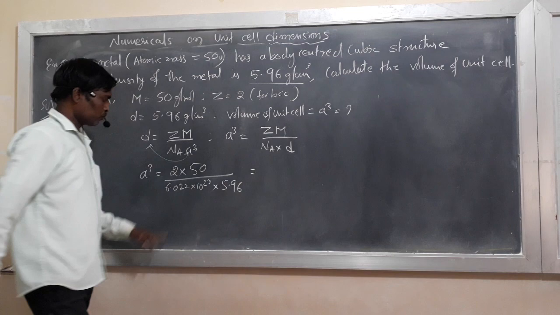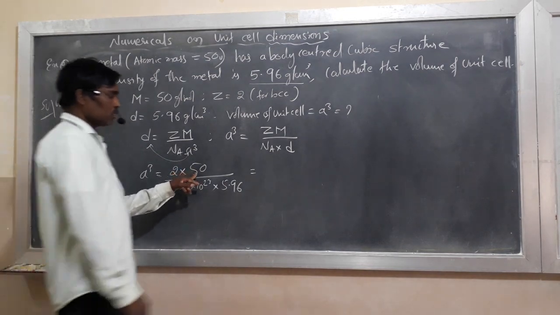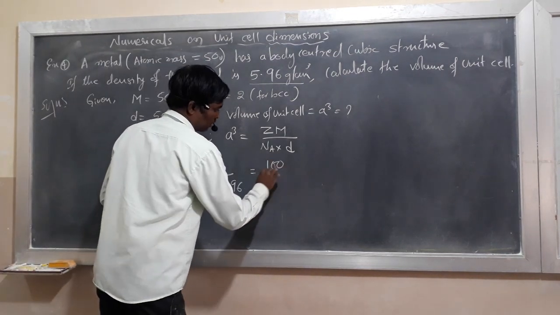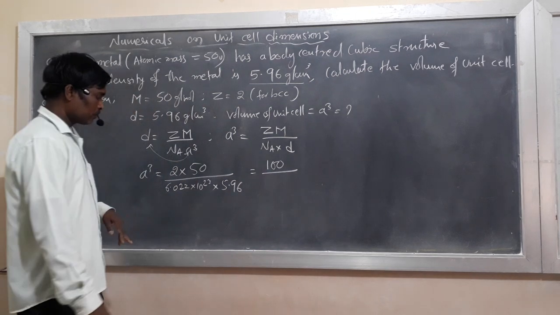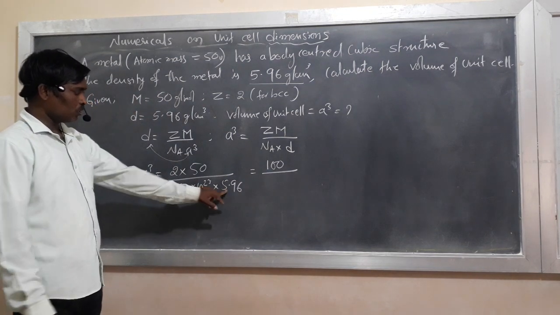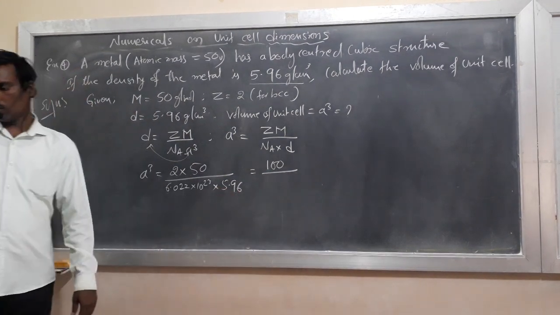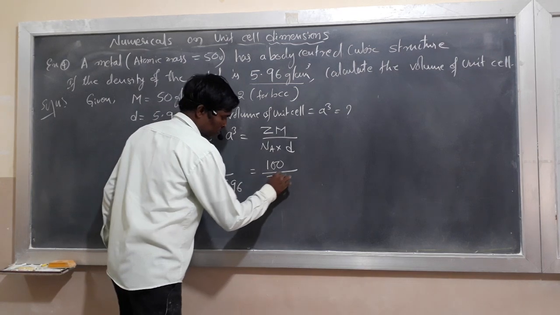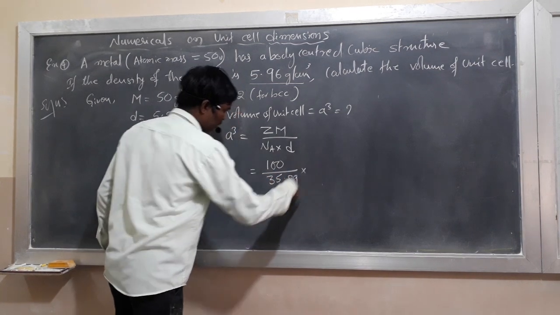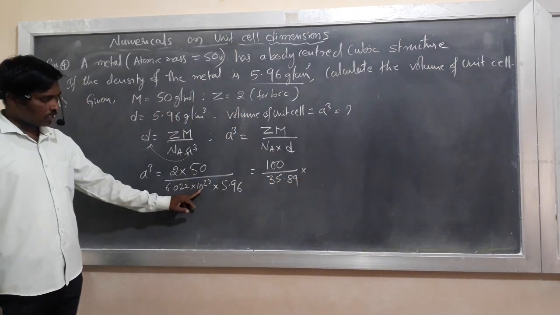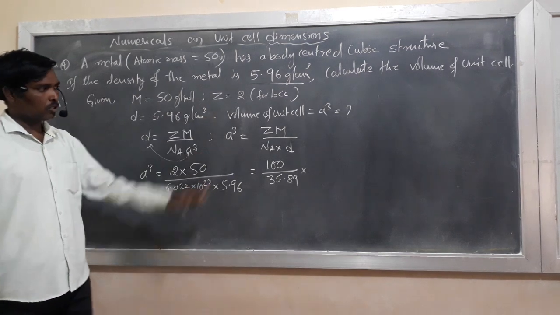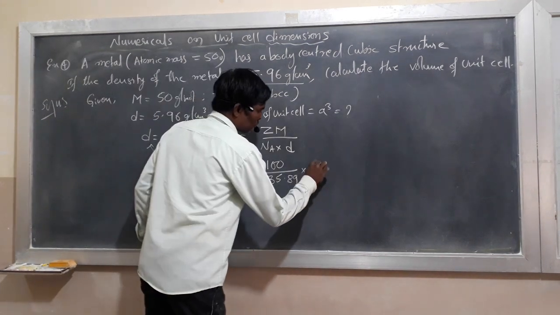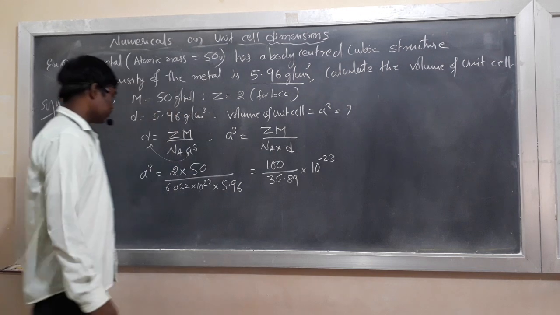That is equal to 2 into 50, 100, divided by 6.022 into 5.96, which gives 35.89, and I am taking the 10 raised to 23 to the numerator, so it becomes 10 raised to minus 23.